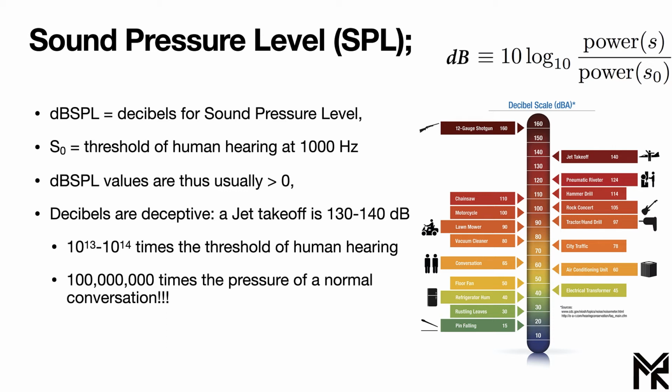When we talk about a jet takeoff being 130 to 140 dBSPL, what this actually means is a jet takeoff is 10 to the 13th to 10 to the 14th times as loud as the threshold of human hearing in terms of atmospheric pressure displacement, which basically means that if you compare a jet takeoff at 140 dBSPL to a normal conversation at 65 dBSPL, a jet takeoff is 100 million times the displacement of air as a normal conversation.